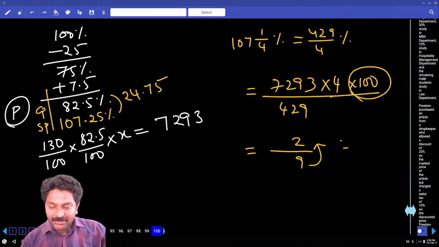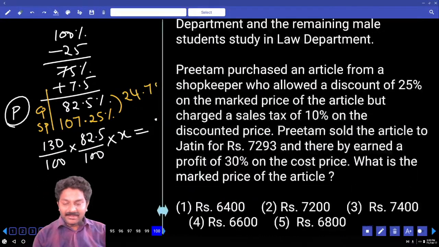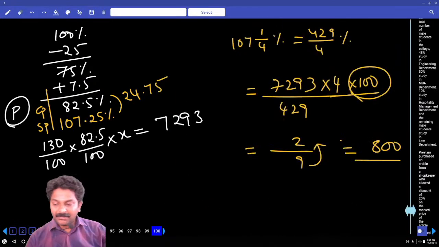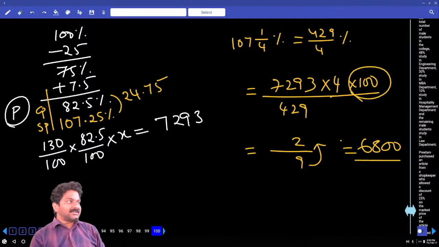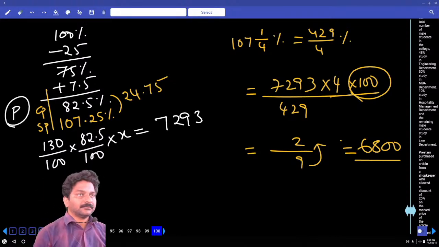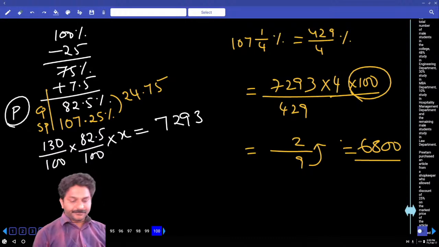And you also need 2 more zeros, right? Answer must end with 800. How many options are ending with 800? Only one. 6,800 is the final answer. Okay now? Done?